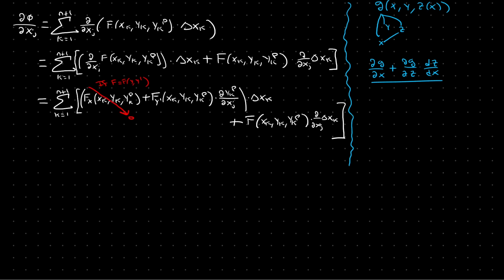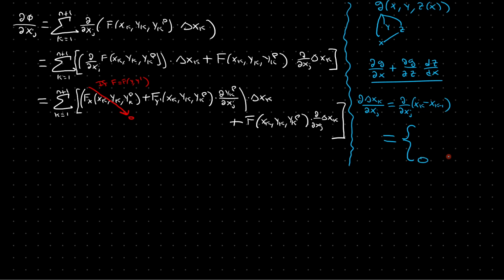So what we really need to do is figure out what this derivative is, the derivative of ykp with respect to xj, and the derivative of delta xk with respect to xj. The second one is a little bit easier to figure out. The derivative of delta xk with respect to xj is equal to the xj derivative of xk minus xk minus 1. And so this is only going to be non-zero if j is equal to k or j is equal to k minus 1.